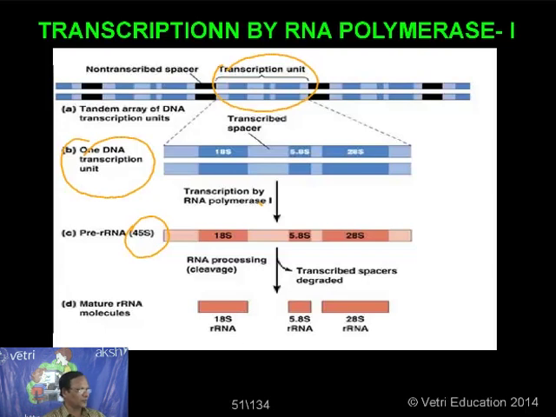So we can have three different types of ribosomal RNA, 18S, 5.8S and 28S, based on their sedimentation coefficient. This illustration shows how RNA polymerase 1 is responsible for the synthesis of different types of ribosomal RNA.